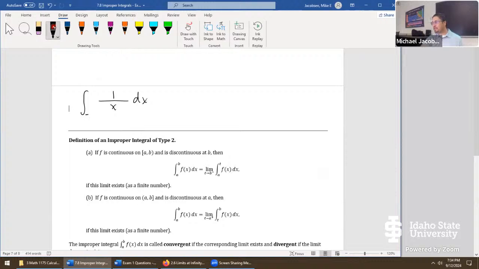Let's say it's from -1 to 1. We have some major problems on that function because there's a vertical asymptote going through like this, and the curve takes on that shape. A vertical asymptote is a line the curve cannot actually even cross, whereas a horizontal asymptote, it could. So for vertical asymptotes, we're going to handle those with this type of improper integral and other different kinds of discontinuities as well.